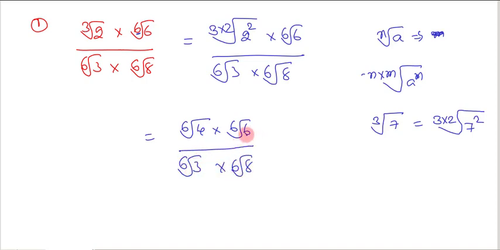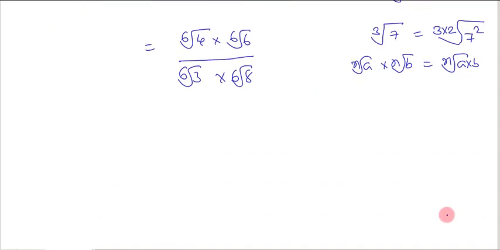Now the numerator is in the form of nth root of a into nth root of b, which can be written as nth root of a into b. By using that formula we can write this as the 6th root of 6 into 4.